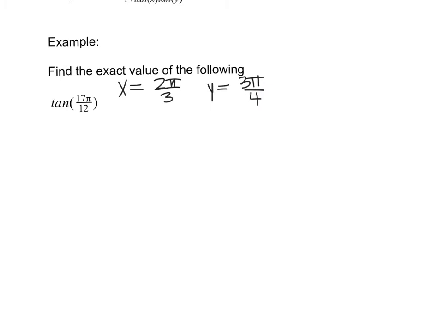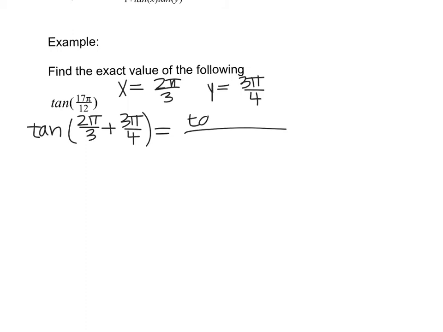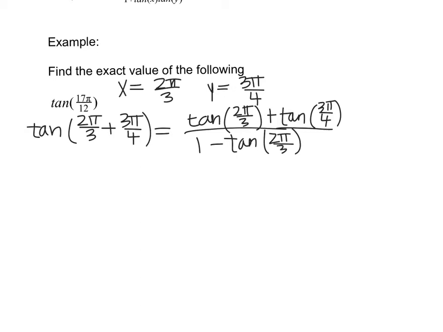So that tells us that tangent of 2 pi over 3 plus 3 pi over 4 equals tangent of 2 pi over 3 plus tangent of 3 pi over 4 all over 1 minus tangent of 2 pi over 3 times tangent of 3 pi over 4. So now all you have to do is use the unit circle to find tangent of 2 pi over 3 and tangent of 3 pi over 4.